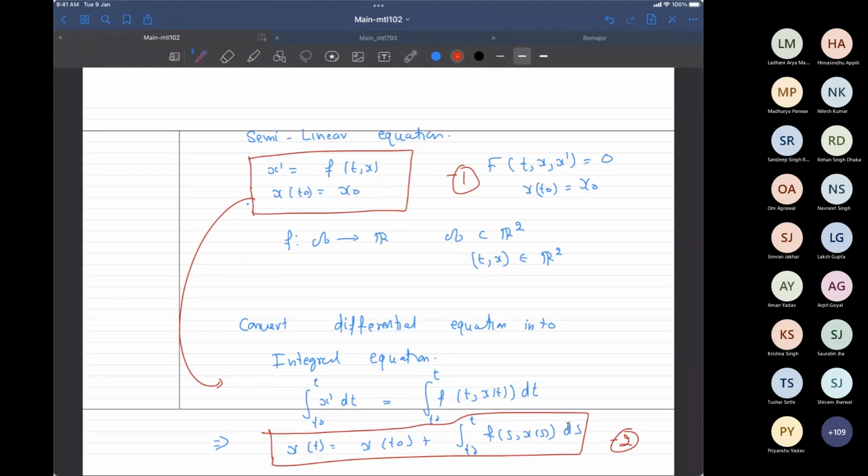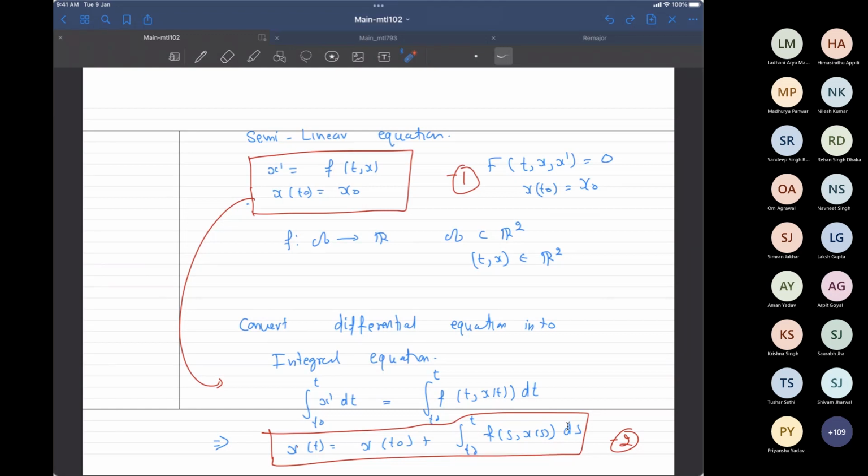Because if f is continuous, by the fundamental theorem of calculus this integral will be differentiable. So I can take the derivative of x(t) in the second equation. When I take the derivative, this term will disappear, and what will be left is just f(t, x(t)) by the fundamental theorem of calculus.